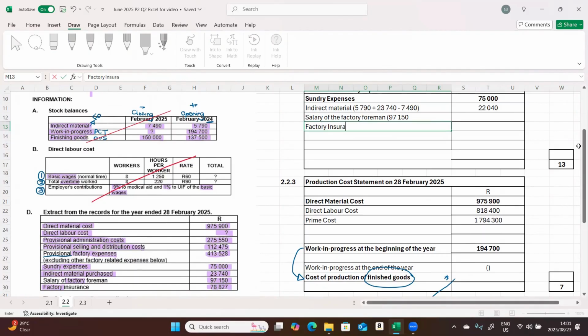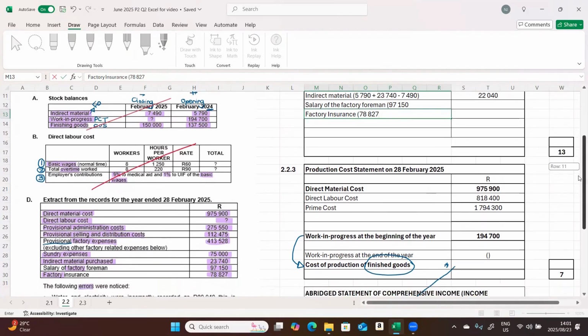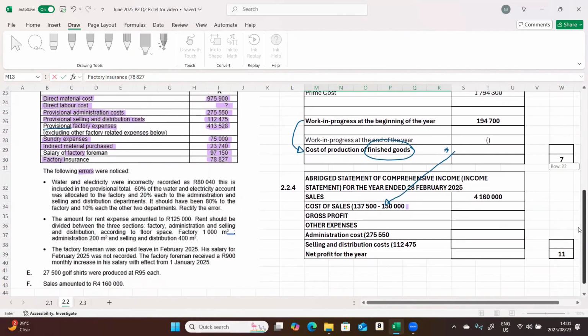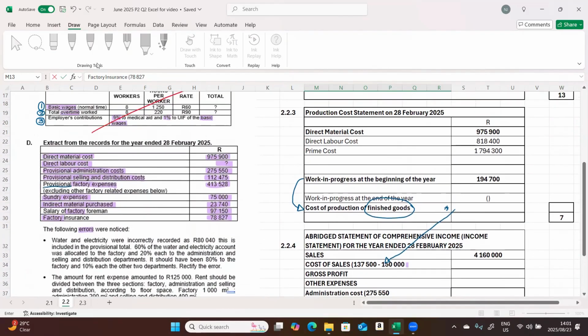Factory insurance, and then the pre-adjustment amount or the provisional amount of 78,827. Okay, guys, can you see this is the exam technique? Put everything where it needs to be as quickly as possible, so that when we have read through something once, it means that we are actually done with it.